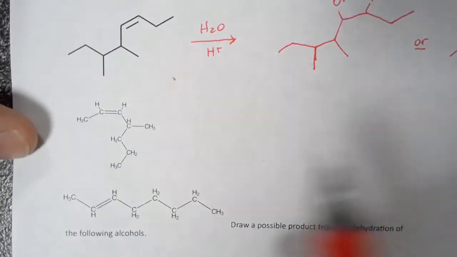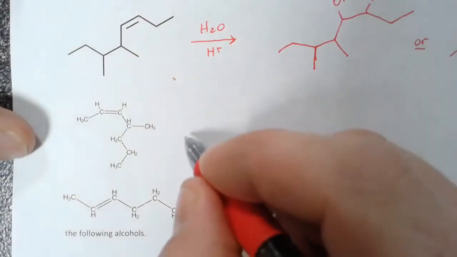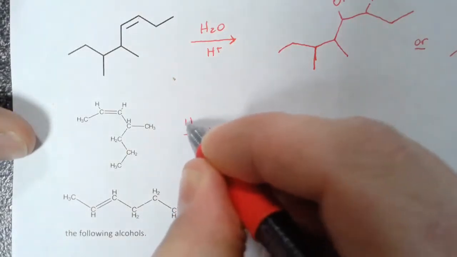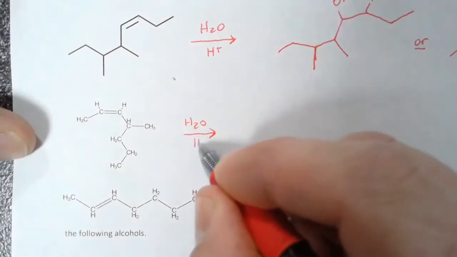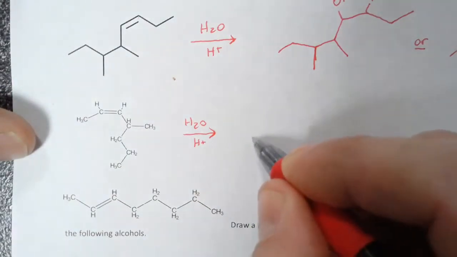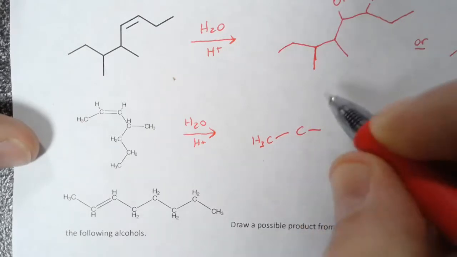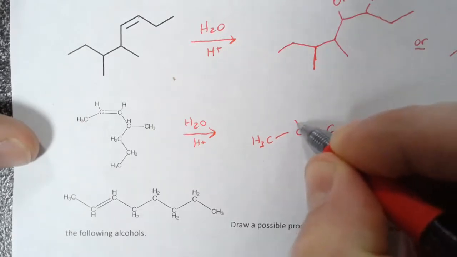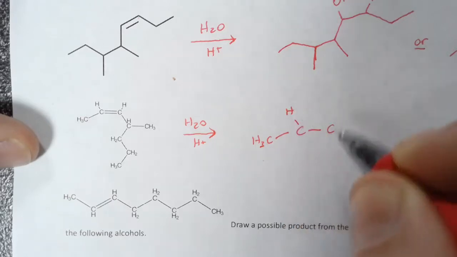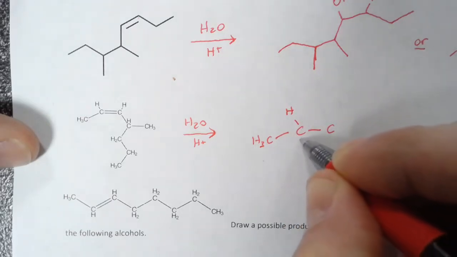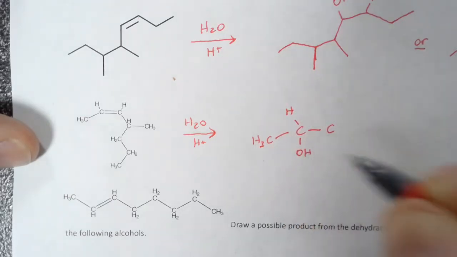that double bond. Okay, down here, these two are both condensed structures. So same idea here, water and H+, and the double bond goes away, and in its place, I'm going to draw that H, and I'm going to draw the OH down here.